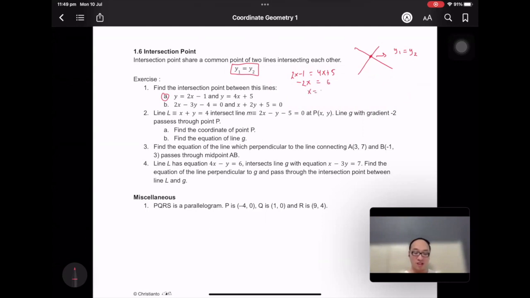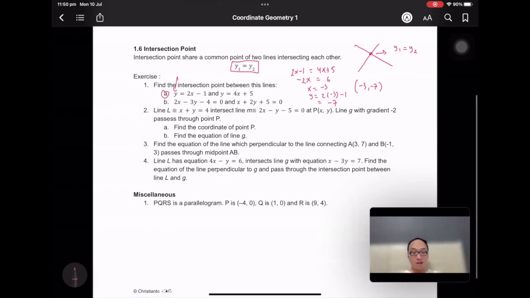So x equals to negative 3. While y equals to, we can just replace in the first one, for example, 2 times negative 3 minus 1 equals to negative 7. So the coordinates of intersection are negative 3 and negative 7. That's for A.